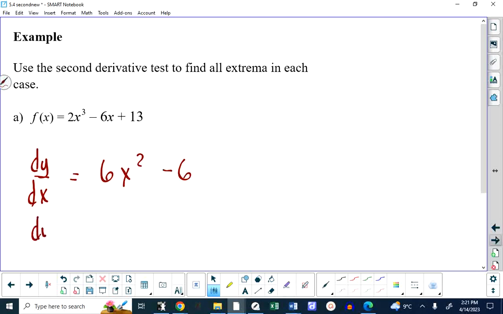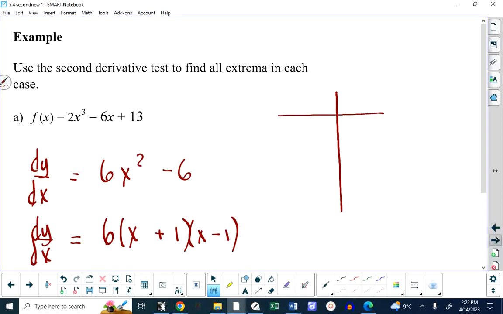So the first derivative is 6 times x squared minus 1. I hope everybody is okay with that factorization in one shot? Which tells me that my first derivative critical values of x are -1 and 1.